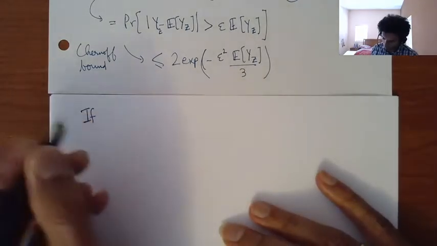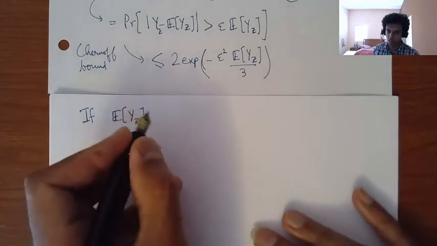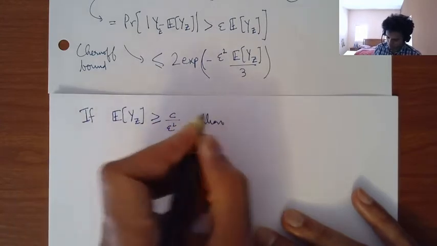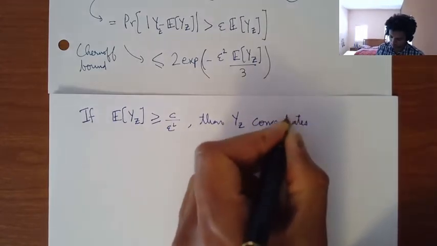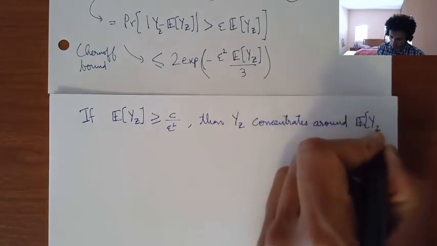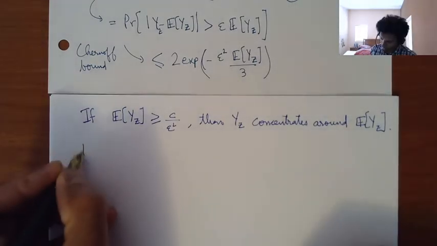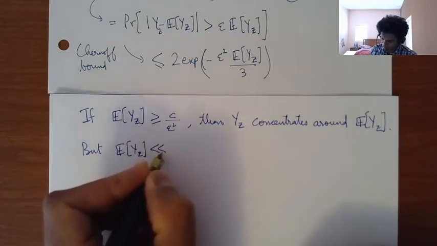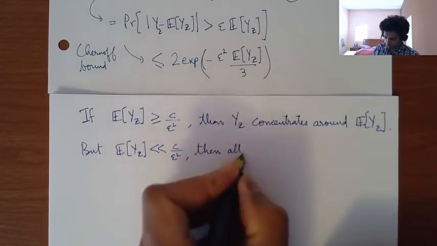So if the expectation of yz is at least c over epsilon square, then yz concentrates around its expectation. But if the expectation of yz is much smaller than c over epsilon square, then all bets are off.